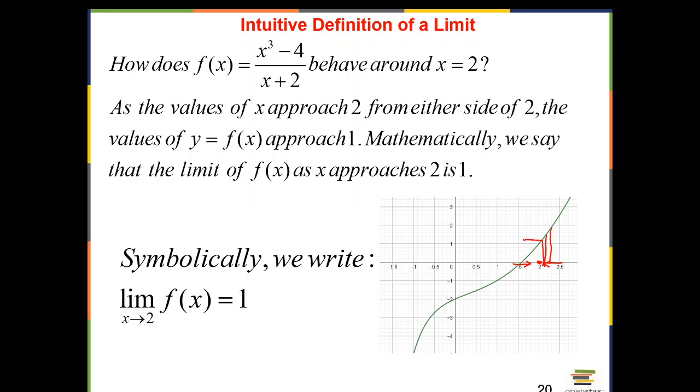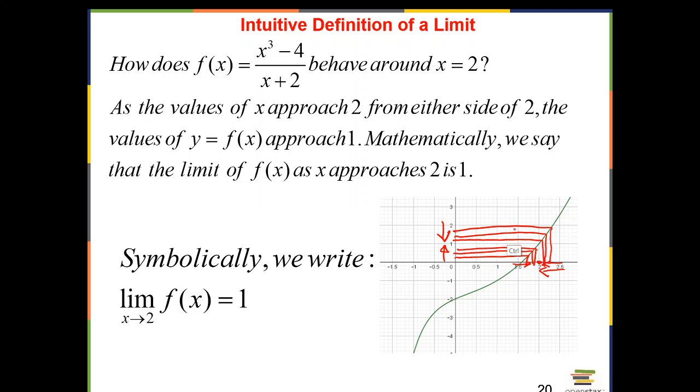What is going on with them? Well, as I approach 2 from right, the function values approach 1. And when I approach 2 from left, they also approach 1.